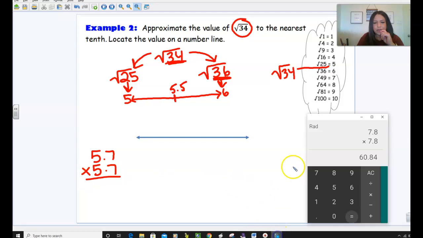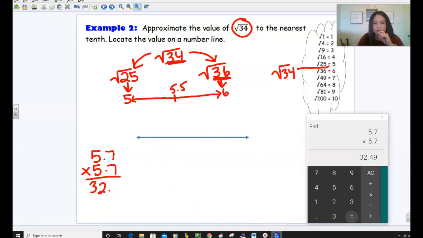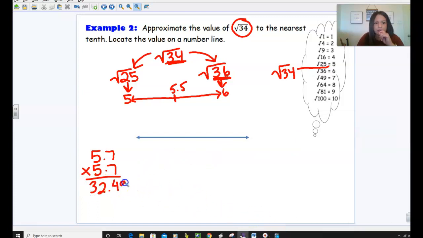So we're going to get our calculator. Let's clear this one. 5.7 times 5.7 equals, and I get 32.49, too low.